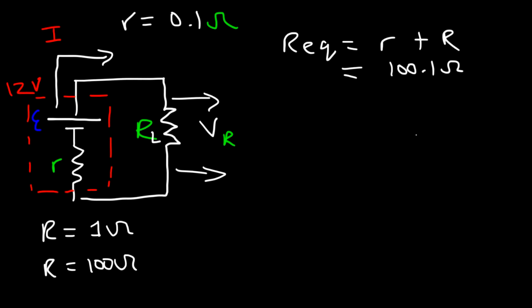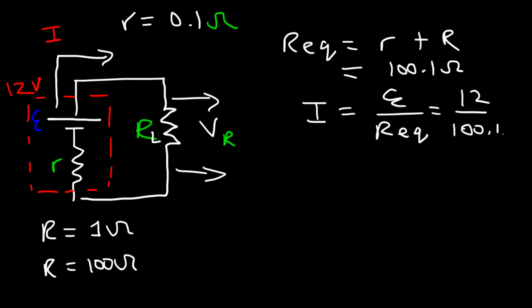Next, find the current that flows through the circuit. The current is going to be equal to the EMF divided by the total resistance. So that's a voltage of 12 divided by 100.1. So the amount of current that flows in the circuit is 0.11988.